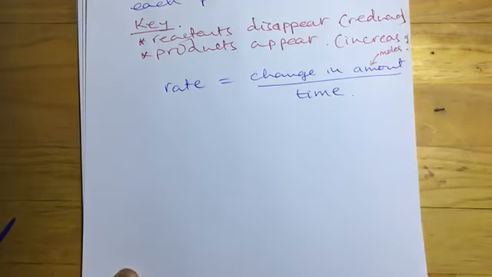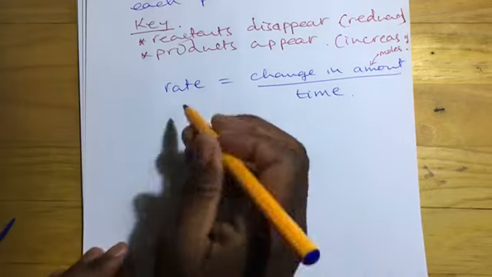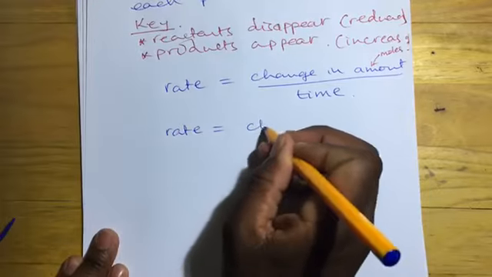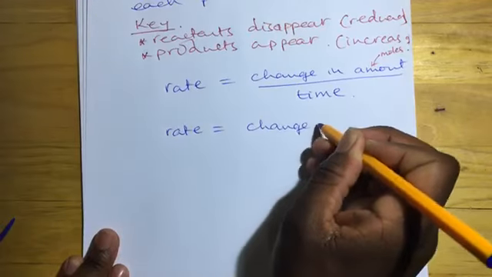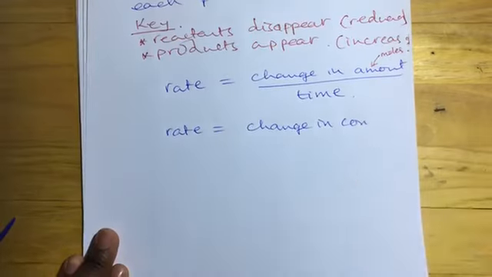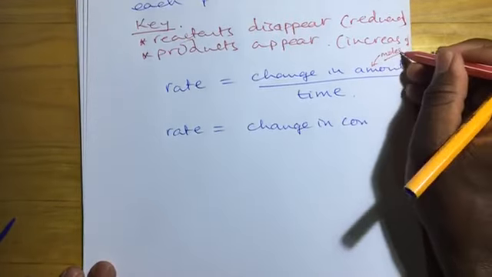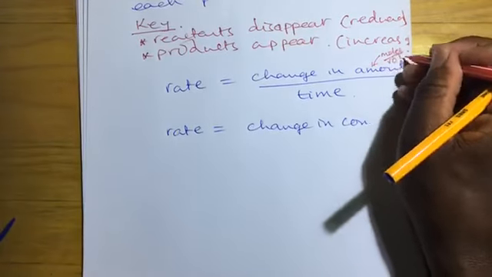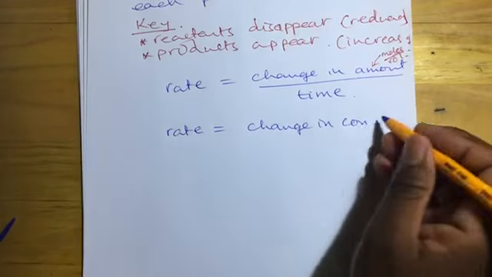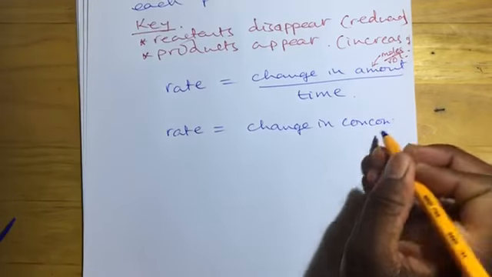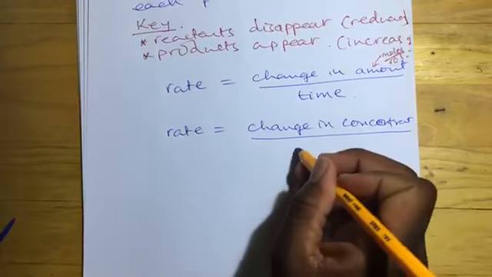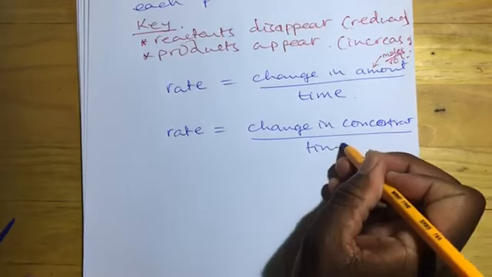And these moles are going to be in a specific volume. So, basically, rate is going to be change in concentration. Remember, these moles are going to be in an enclosed space. So moles divided by volume is going to give us concentration. So change in concentration divided by change in time.